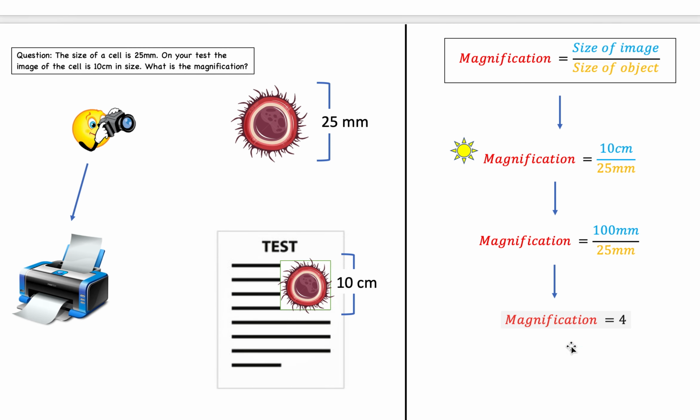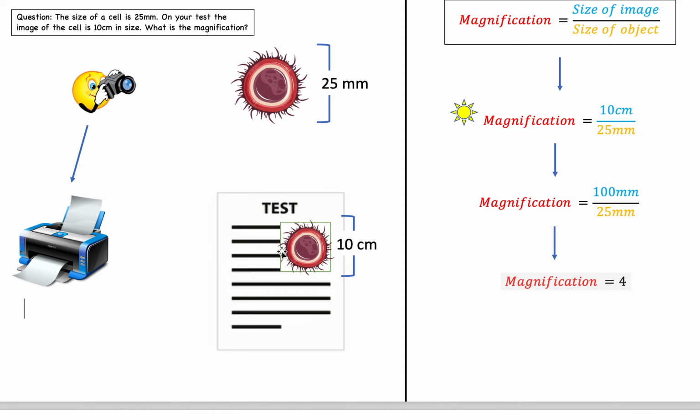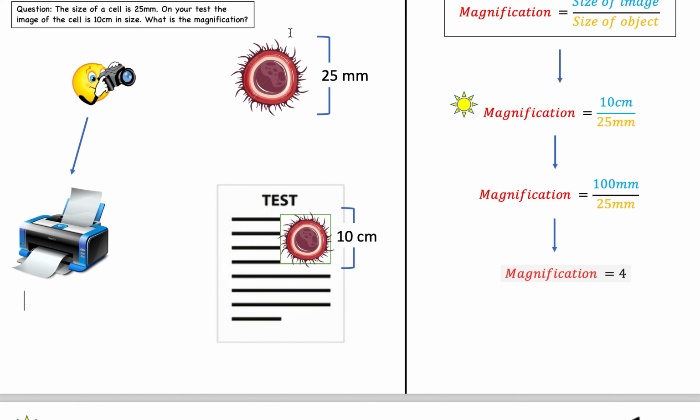So after calculating it, we can find that the magnification is 4. So the size of the cell on your test was 4 times bigger than the actual size of the cell. And just bear in mind, no cell is actually 25 millimeters. That's really big, so this number is not super realistic, but it's just to get the concept.